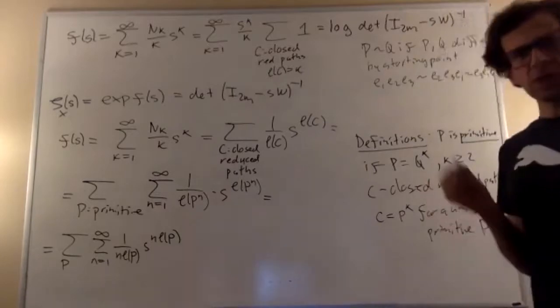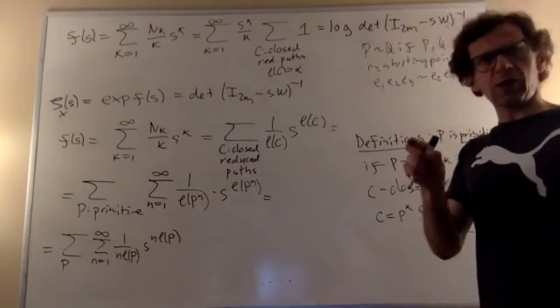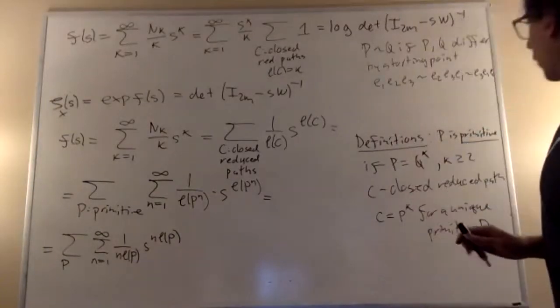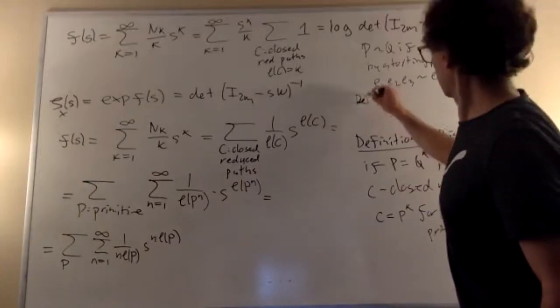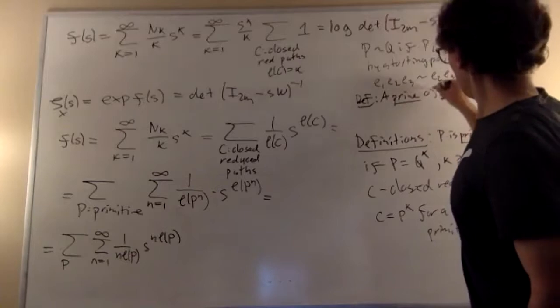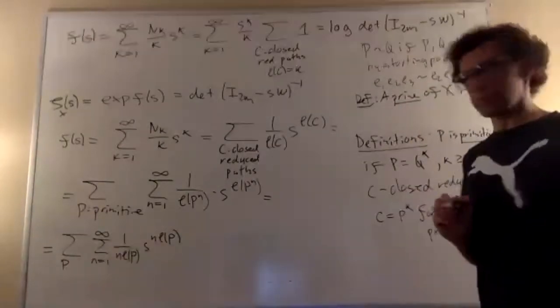So an equivalence class of paths is a primitive way to go around my graph where I've forgotten where I started. And so, definition: a prime of X is an equivalence class of primitive paths.